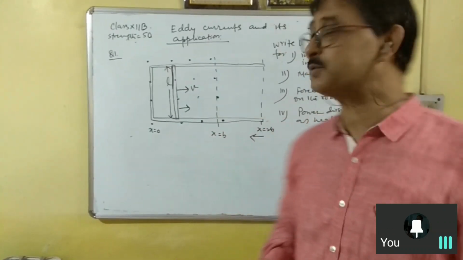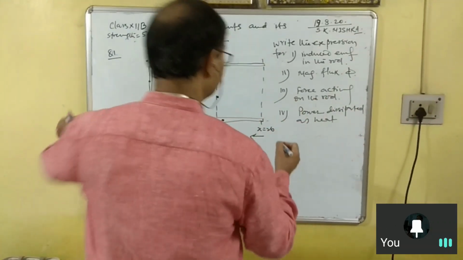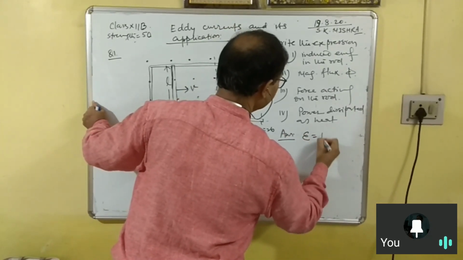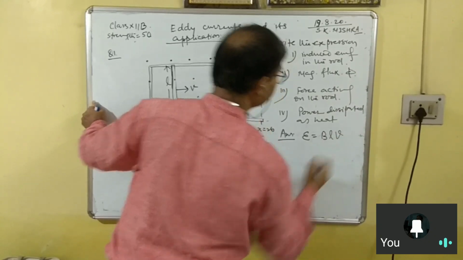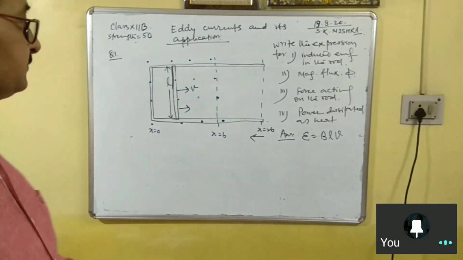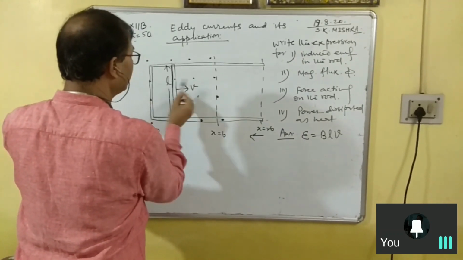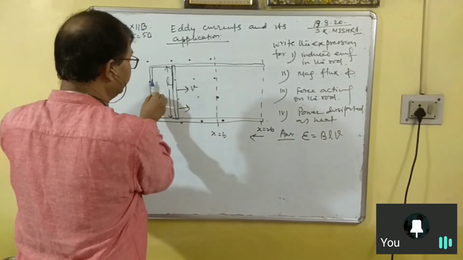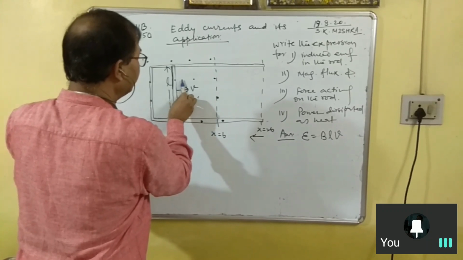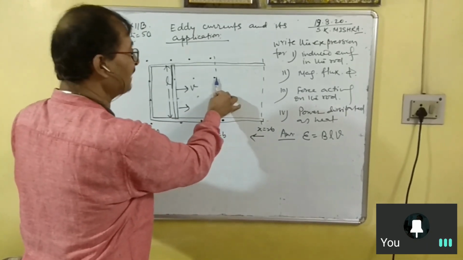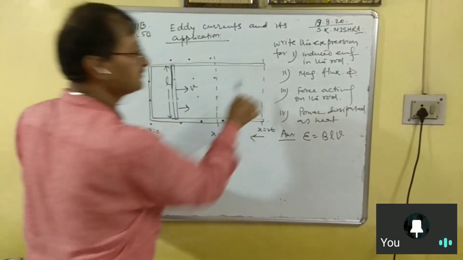Then the induced EMF E is equal to BLV. But this induced EMF will be constant because you are pulling the rod with constant v. And this will exist only up to x = b. After that, it will disappear.